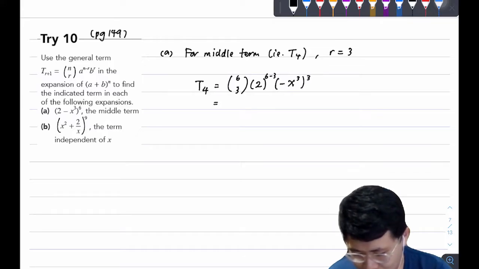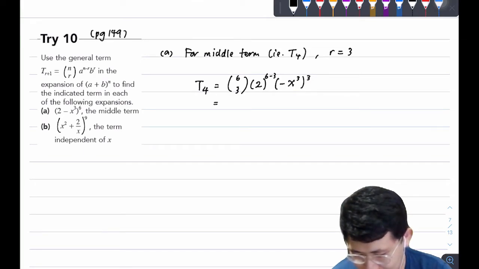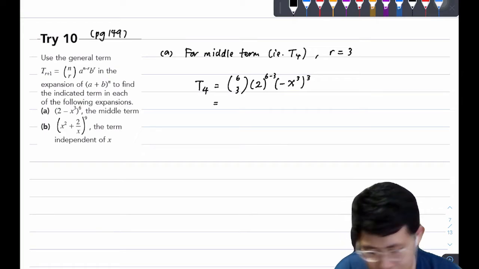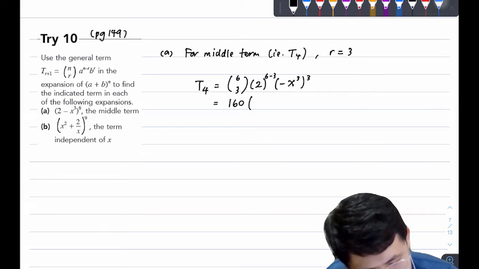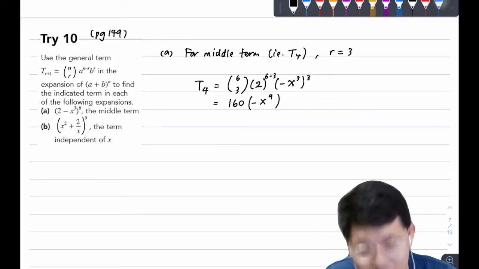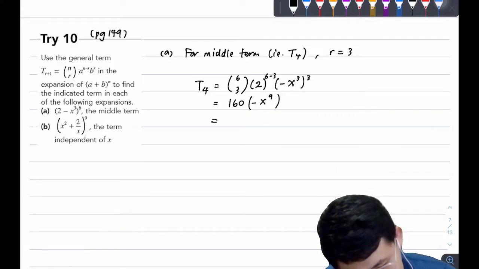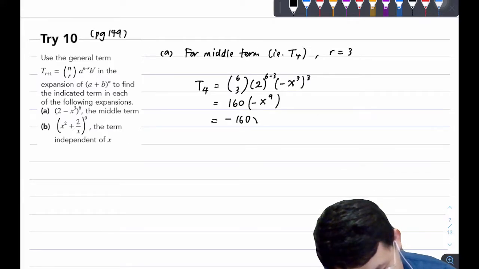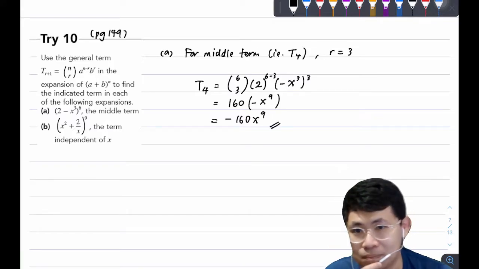This is 6 choose 3 times 2 to the power of 6 minus 3, so 2 to the power of 3. I get 160. Then negative x cubed, to the power of 3, will be negative x to the power of 9, because a negative cubed will be negative, and x cubed cubed will be x to the power of 9. So this will be negative 160 x to the power of 9. So this is the middle term, the 4th term.